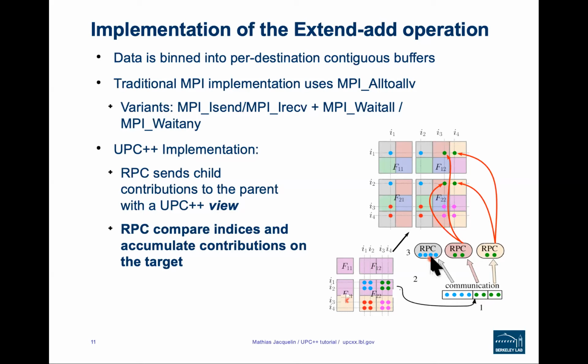And once the RPC is executed on the remote process, then the body of the RPC compares the index set of the child to that of the parent, and the numerical values, which are located in the UPC++ view, are then accumulated in the parent. All right.